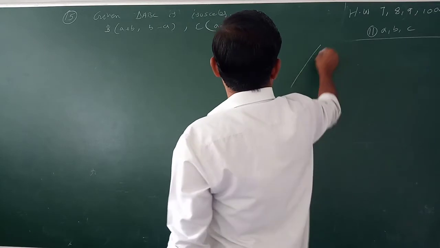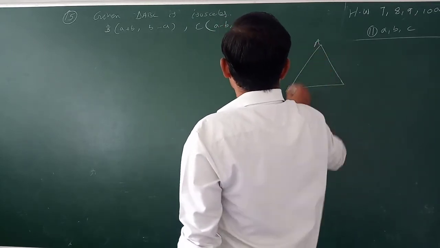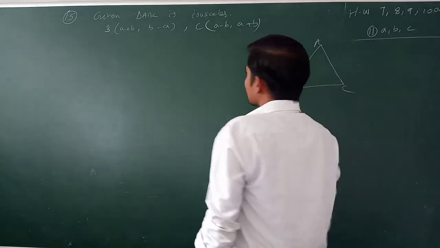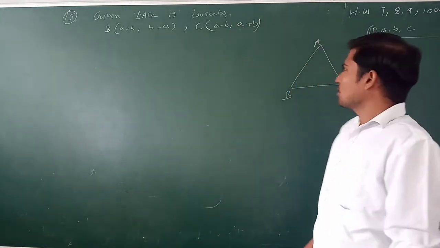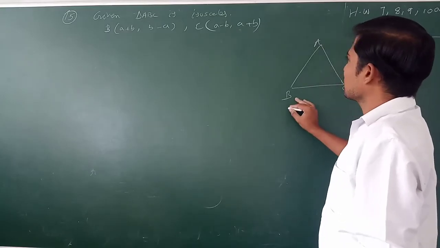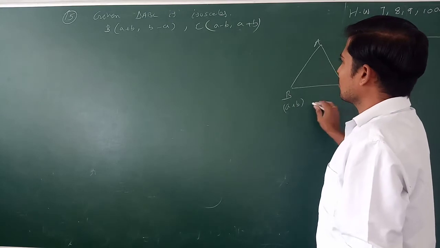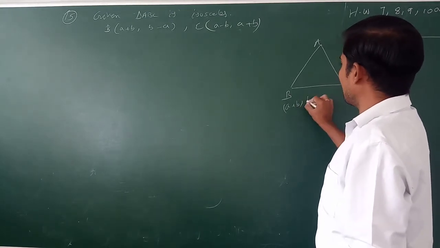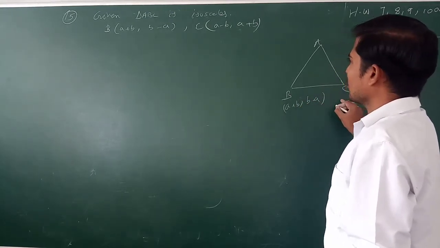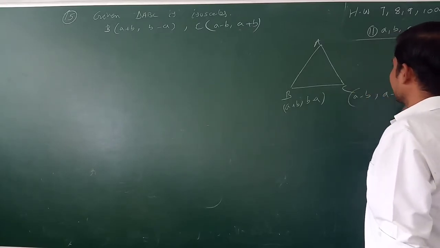Let us draw a figure. A, B, C. Where A we don't know, that we have to find. B is (a plus b, b minus a), C is (a minus b, a plus b).